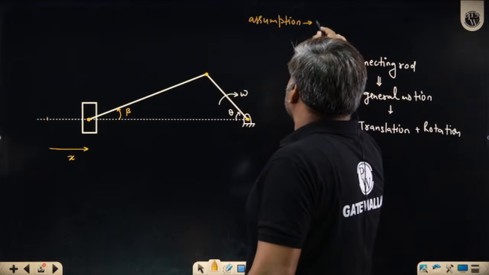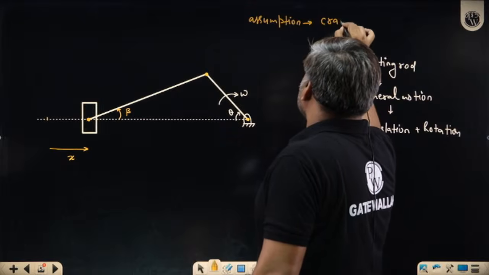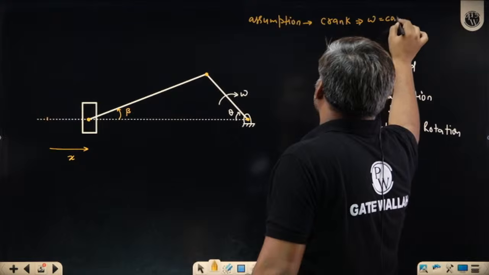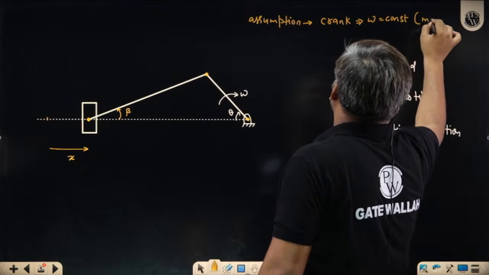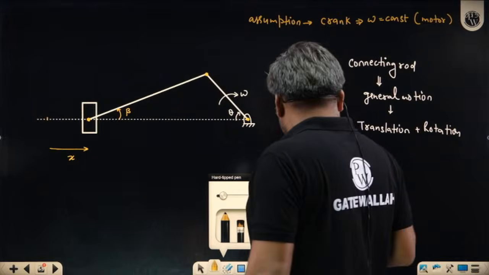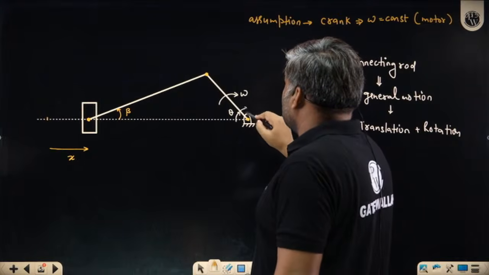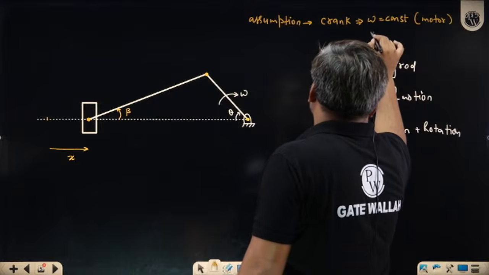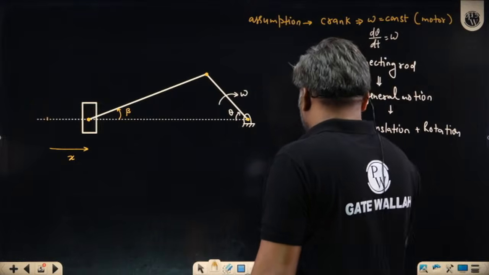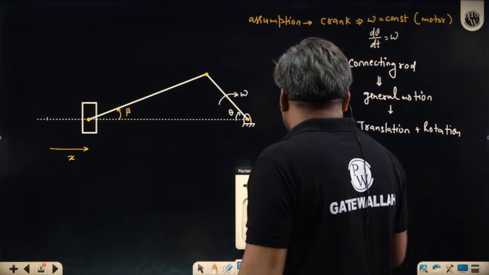Assumption kya hai? That the crank is rotating with constant omega. Constant omega means it is connected with some motor kind of thing. And if it is connected with a motor, the rate of change of theta is nothing but omega. I can write d theta by dt is nothing but omega. Sir, about this crank I have all the idea.